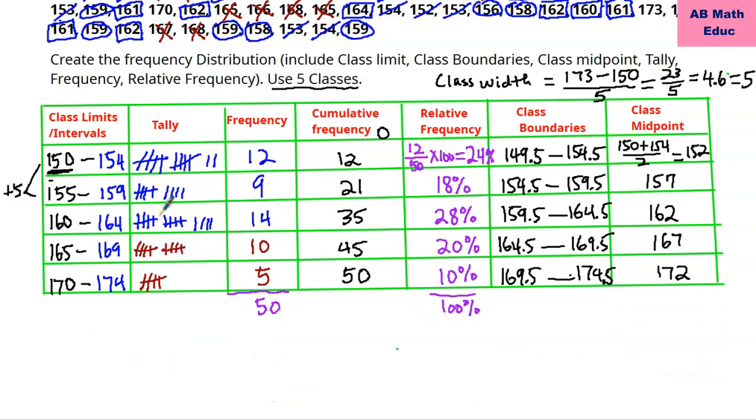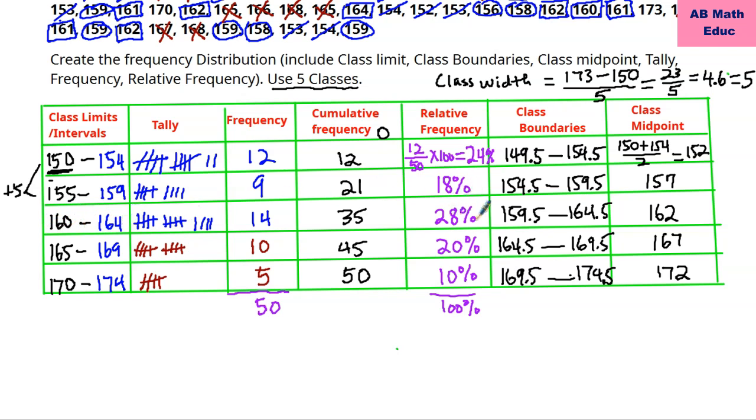And here, can you make one conclusion or observation? You can use the frequency, or you can also use the relative frequency that gives you the percent. So that makes it much more obvious. You can see that 28% was the highest. You can say that the most common height among the students is between 160 to 164.